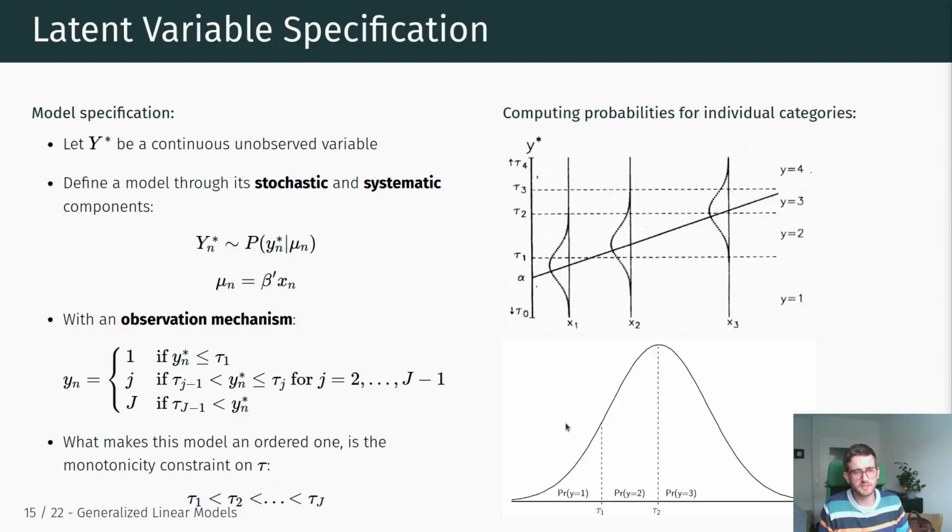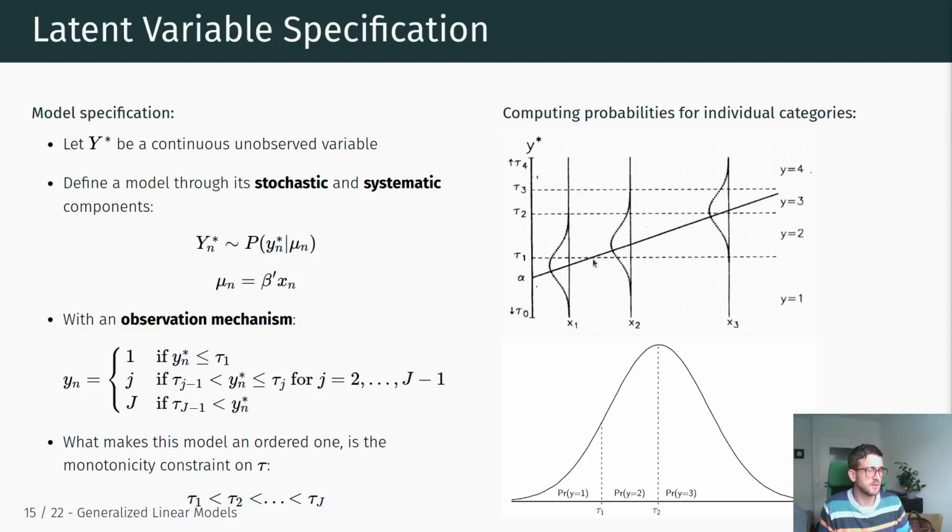To think about this visually, we can plot our unobserved y star, or underlying latent variable, for different values of x, right? And similar to our latent variable specification of the logit model, y star follows a certain distribution with a conditional expectation conditional on x.